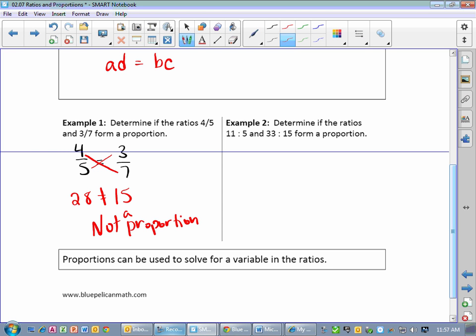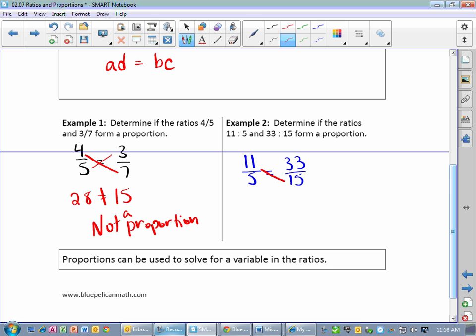Because those fractions are not equal. Okay. Determine if the ratios 11 to 5 and 33 to 15 form a proportion. So we write 11 over 5 equals 33 over 15.